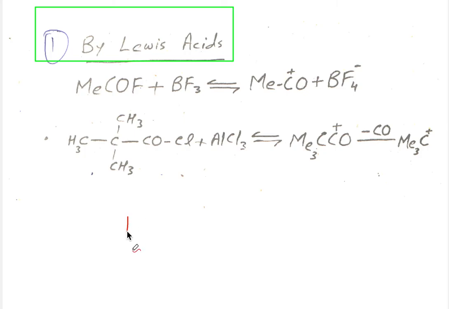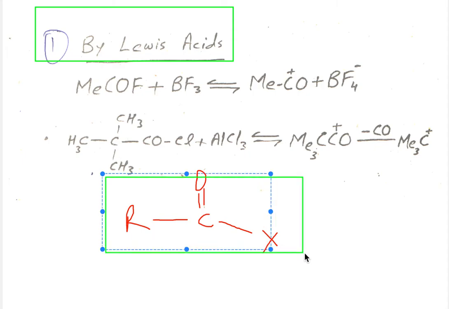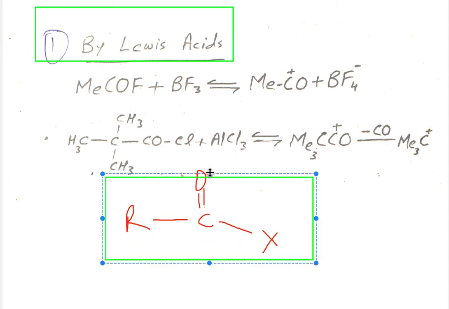As you know, acyl halides are compounds with an alkyl group connected to a carbonyl group, further attached to a halogen, termed as acyl halides in general.